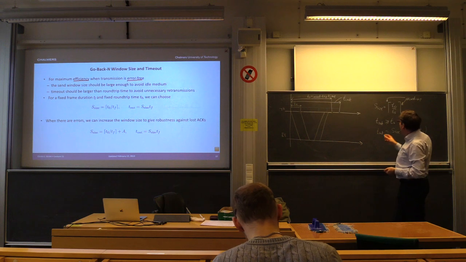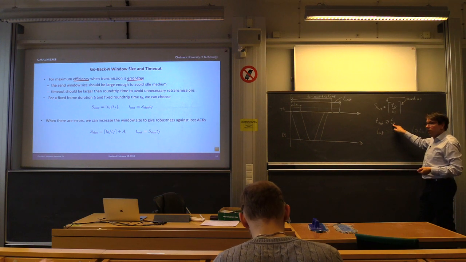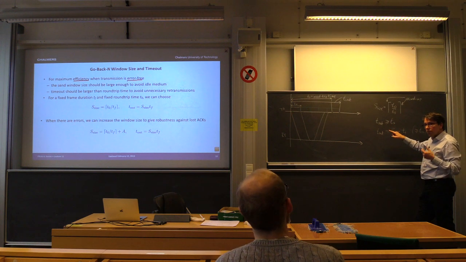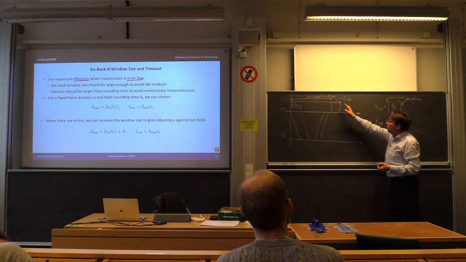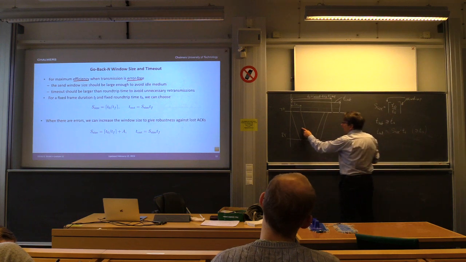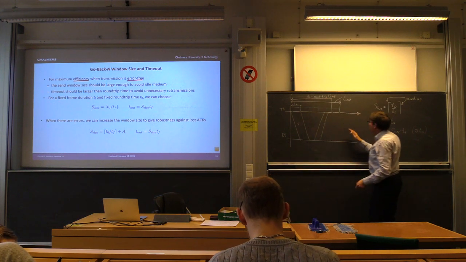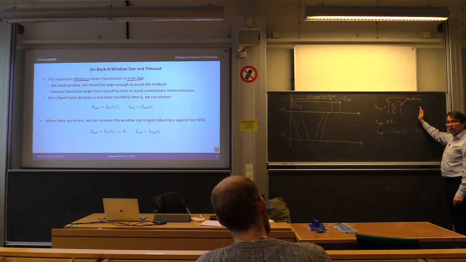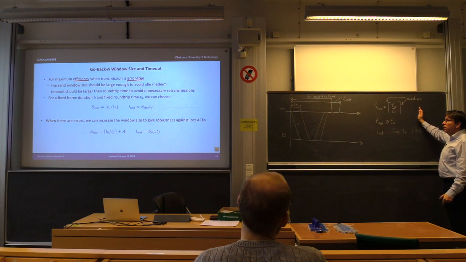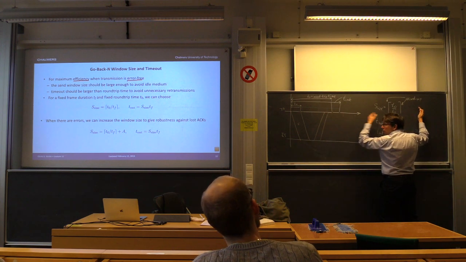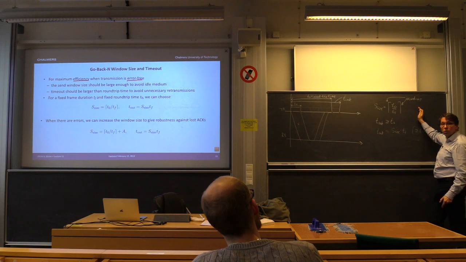So the timeout should be larger than the turnaround time, but we also want it to be relatively small. And the reason for this is that if we make the timeout very, very long, then if the first packet here is lost, it will trigger a retransmission way back here, which means that the send window, spanning the number of outstanding packets, is then quite large.